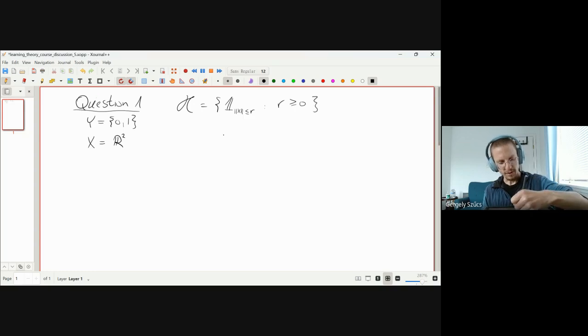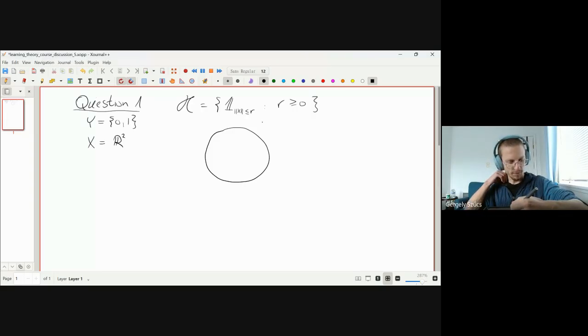So we're just trying to classify points into falling within a certain disk. And then we wanted to show that under the assumption of realizability, this class is PAC learnable with a certain sample complexity, which we discussed in the last lecture.